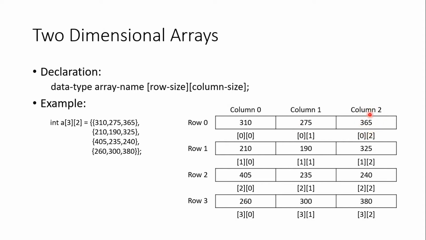After this 365, the next row will be stored. That means 210 will be stored on the fourth memory location, and then on the fifth memory location, this 190 will be stored. This is how a two-dimensional array is stored in memory in continuous form. It is always stored in a row-wise manner.